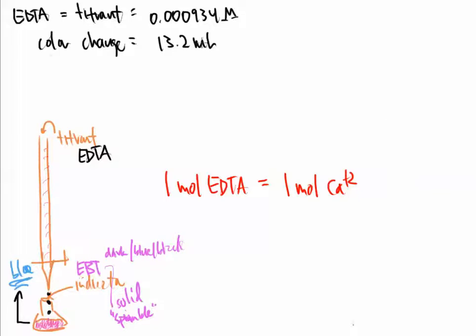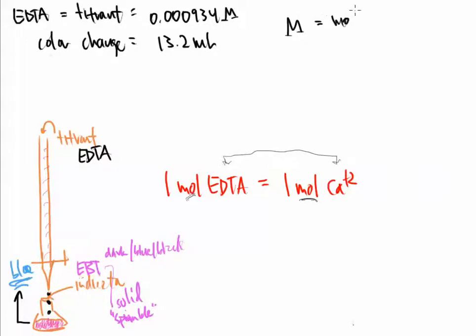Well, this is the volume of EDTA that it took, and this was the concentration of EDTA that was made. So I need to somehow relate EDTA to my moles of calcium, right? And we know that this is a 1-to-1, but it's a 1 mole to 1 mole. So with this calculation, I've got to convert over to mole, or this is not going to work for me.